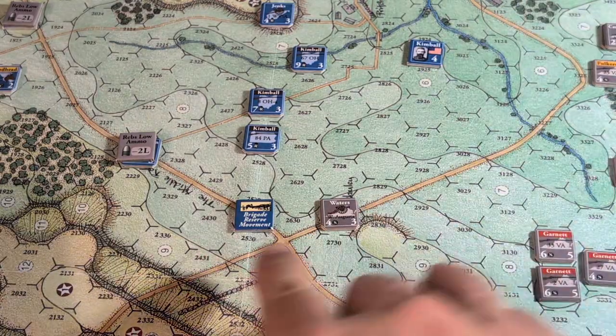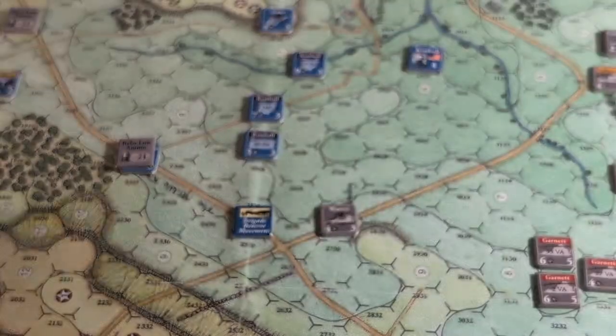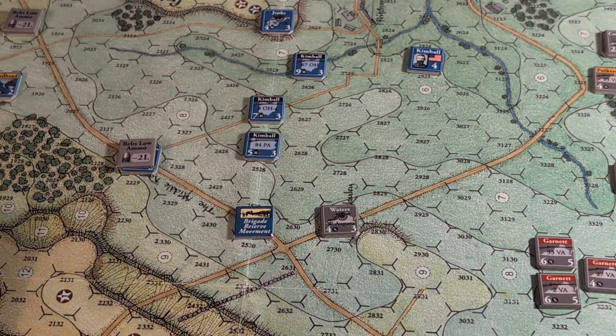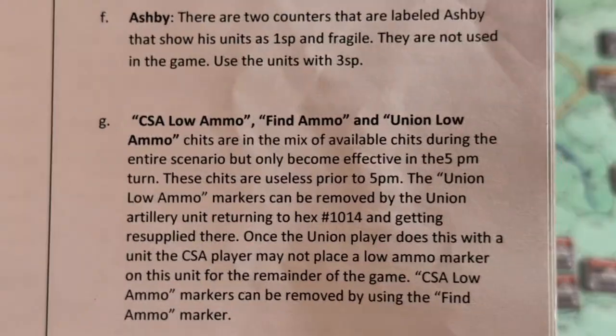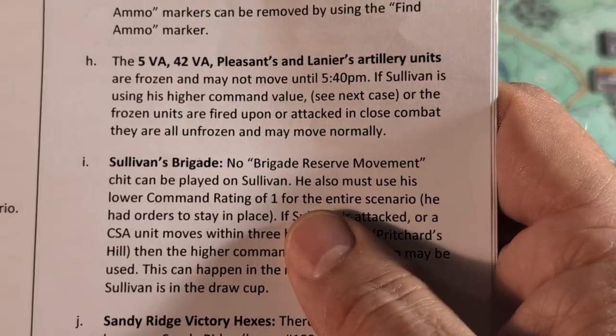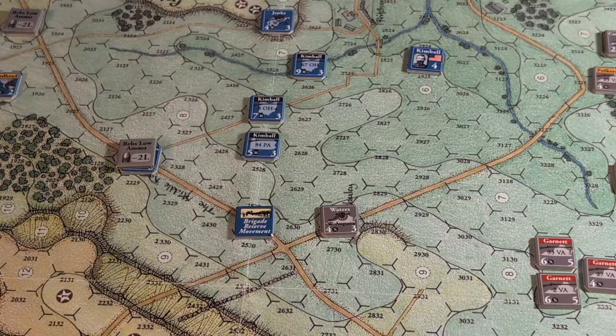Okay, so keep that. Brigade Reserve Movement, but I can't play it on Sullivan. That's in the special rules. No Brigade Reserve Movement can be played on Sullivan. So I can play it using Kimball though.